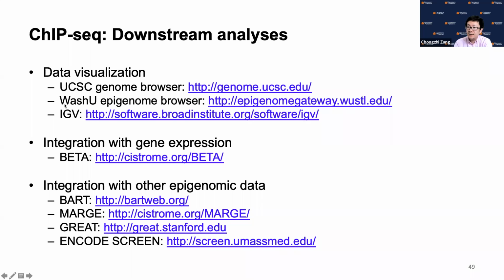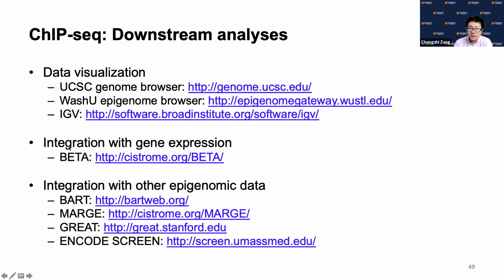Say Hi-C data can be browsed. It's very powerful at the WashU genome browser. And IGV is a genome browser that one can install on your own laptop, developed by the Broad Institute. It's a very convenient and efficient genome browser.